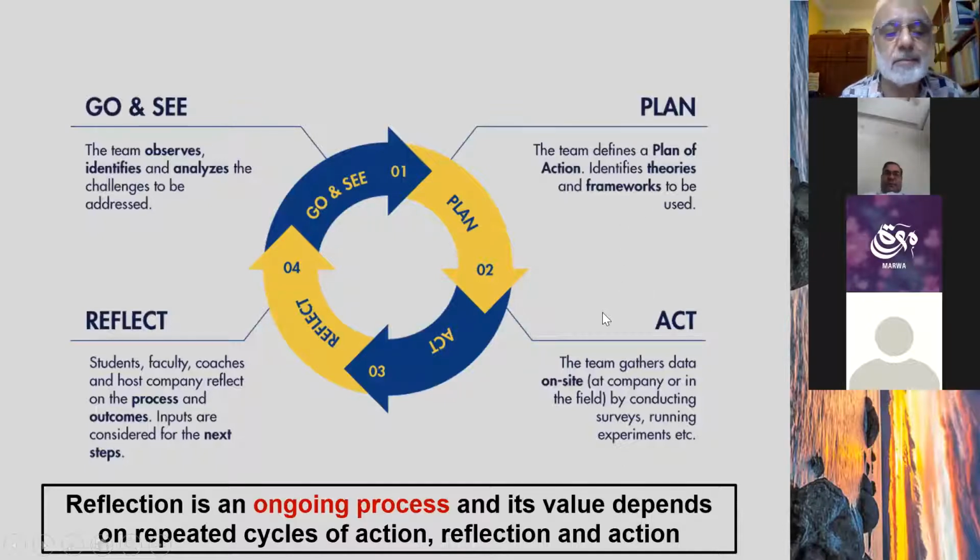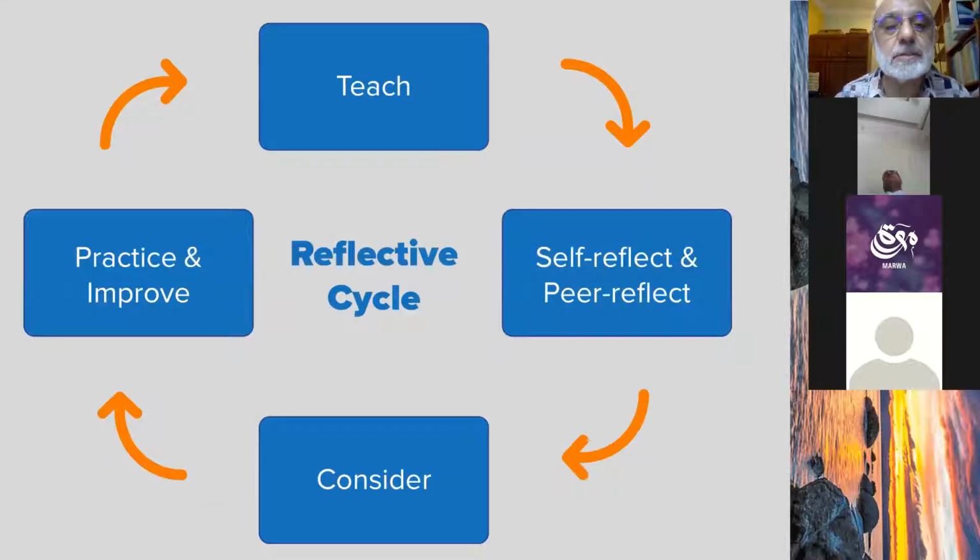We act upon that plan, and then we see what happens after applying that plan. What are the outcomes? So this is one complete cycle of reflection. However, for a good reflection, this cycle has to be repeated. Action, reflection, and action, until we get the perfect situation.